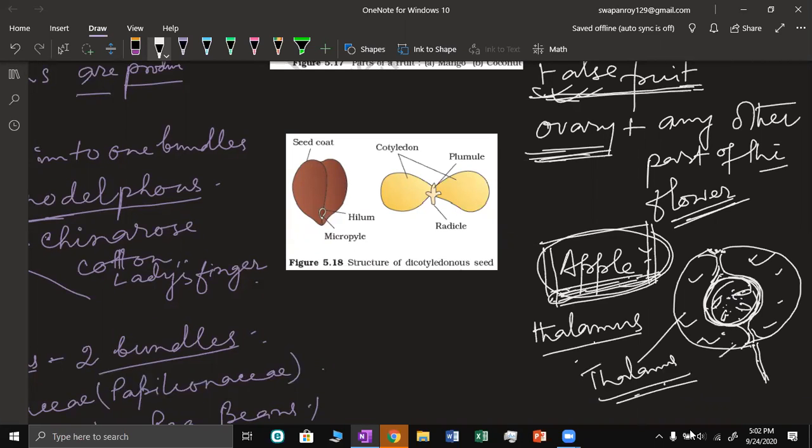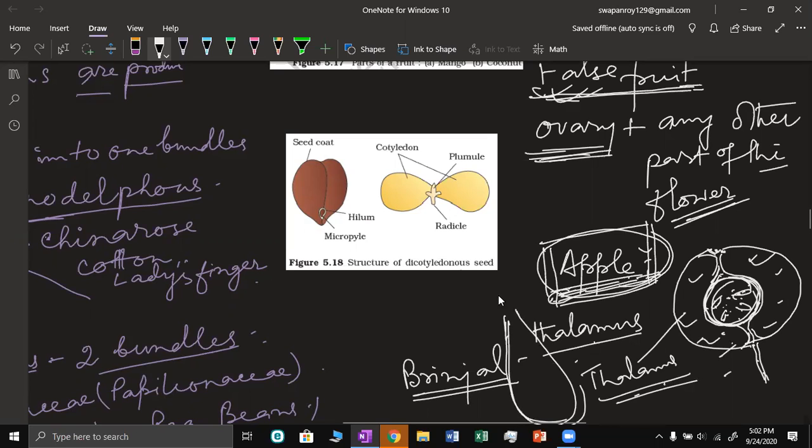In the brinjal also, it is called partially a false fruit, because most of the portion is the true fruit where the ovary has grown, but here the calyx is fused with the ovary, with this fruit.